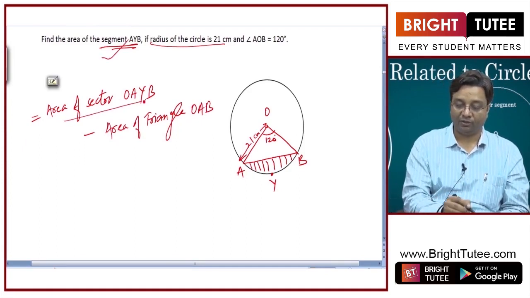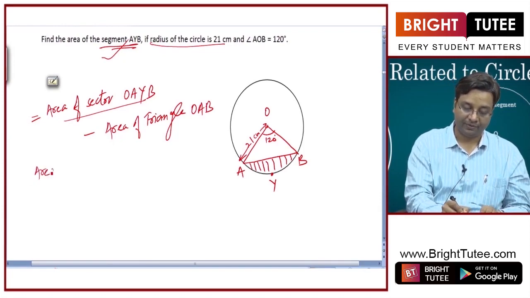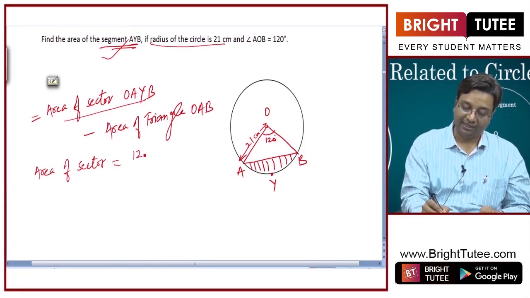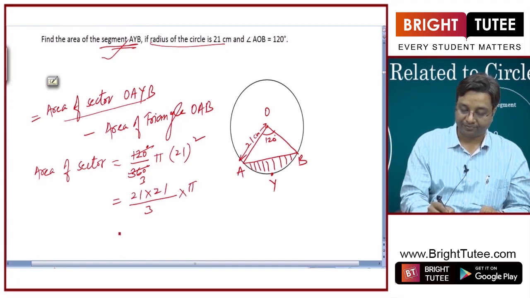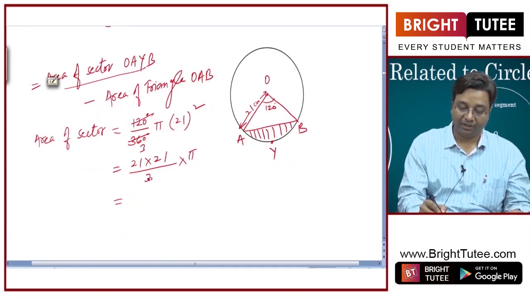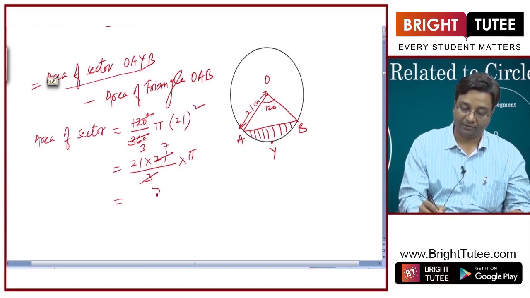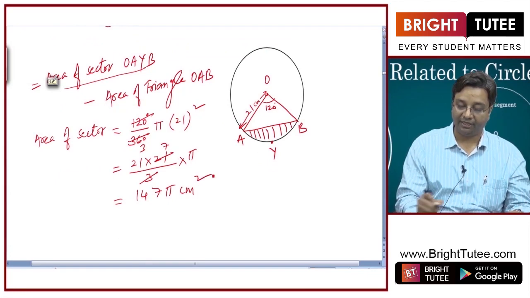So area of sector OAYB is equal to theta by 360, that is 120 by 360 pi r square, which is 21 squared, right? So this is 3, so this is 21 into 21 by 3 into pi, right? So this can be written as 147 pi, and the unit will be centimeter square.